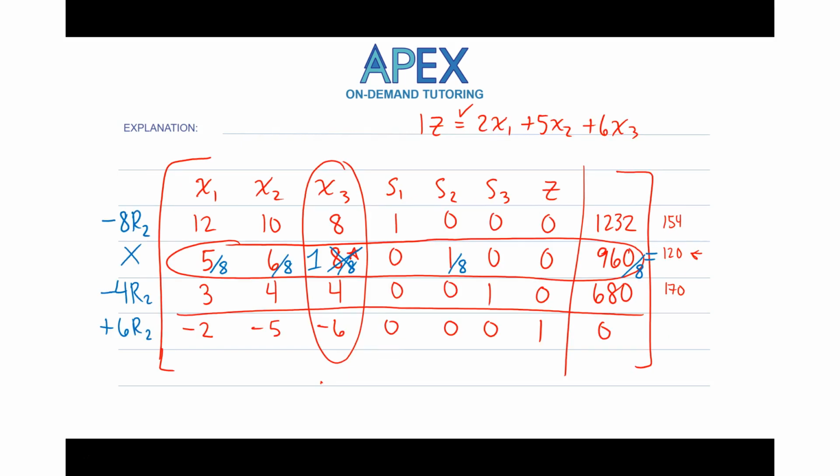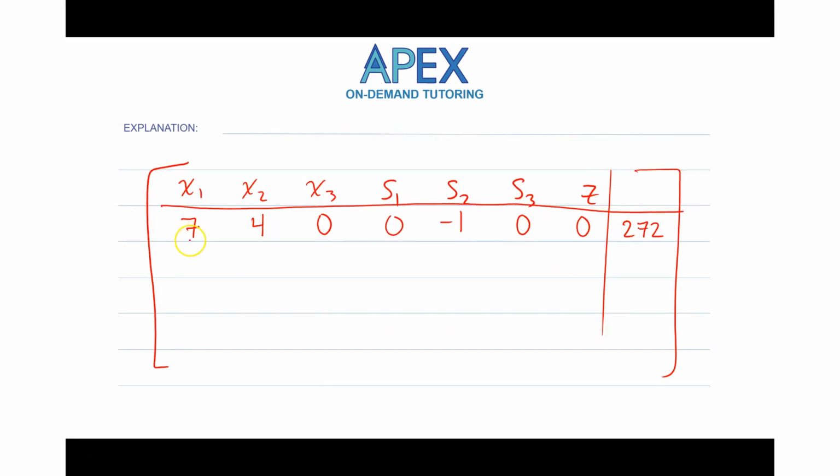So for example, we took 12 and we added -8 times 5/8, which is actually -5 to give us 7.